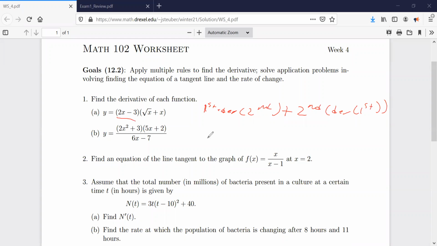In this case, the first is 2x minus 3, and then I look at the second one. What's the derivative of this guy? This is the same thing as saying x to the 1/2 plus x, so that goes to 1/2 x to the negative 1/2 plus 1.